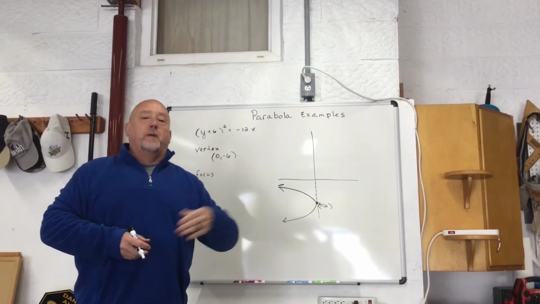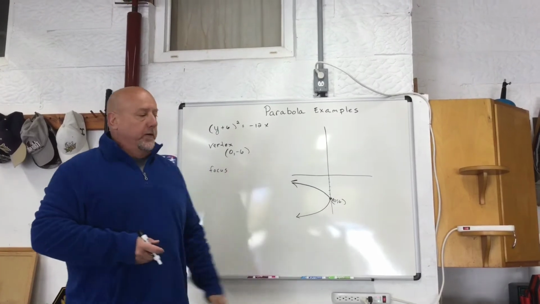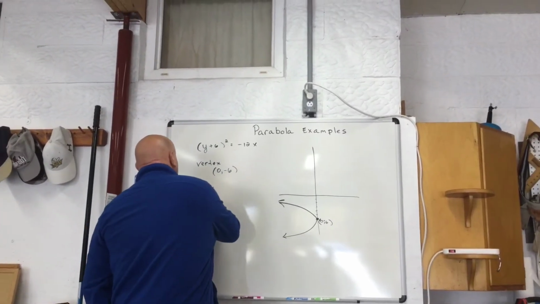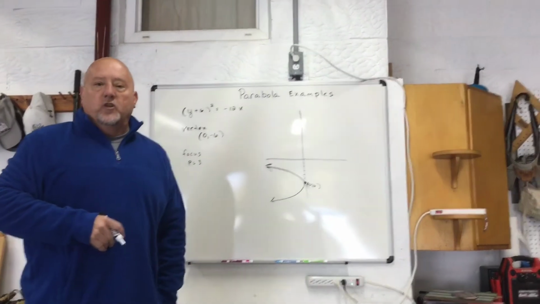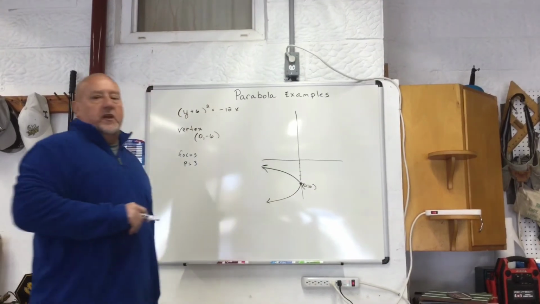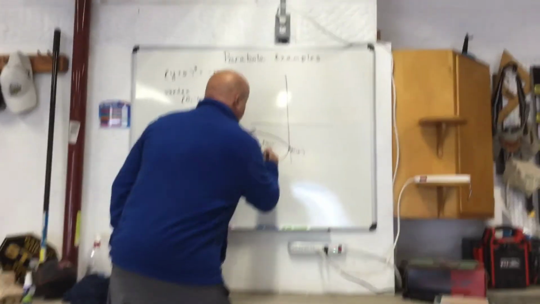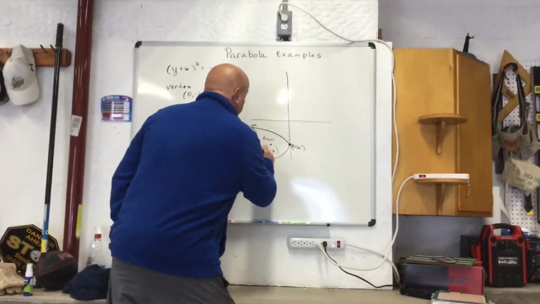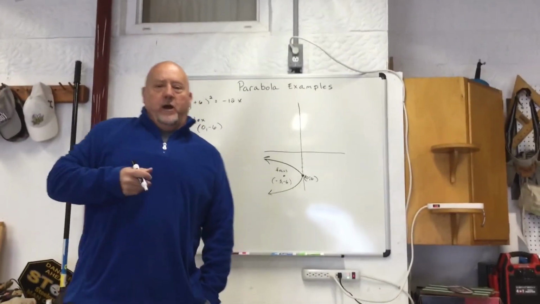Again, this all refers back to the general form that you're going to find in your PowerPoint. So the p-value here is going to be 3. The focus is going to move 3 units to the left. So if this point is (0, -6), the focus is going to be right here inside the parabola at the point (-3, -6).